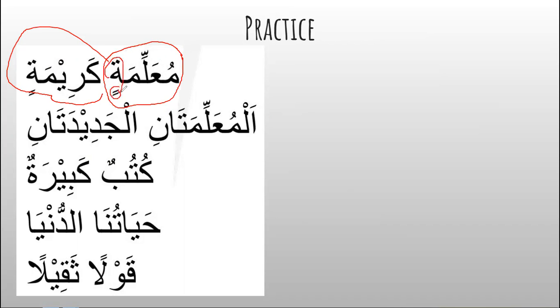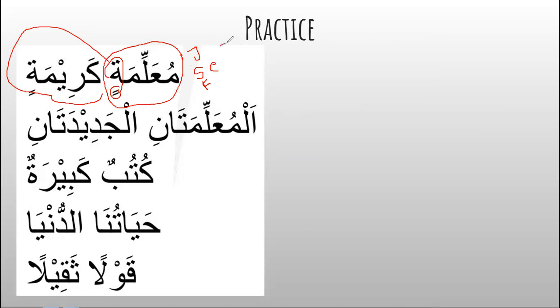If we say the muslimatin chart, the feminine Muslim chart, then we can easily identify that this one is jar, it's singular, it's feminine, and it's common because there is no reason for it to be proper, so it's common.